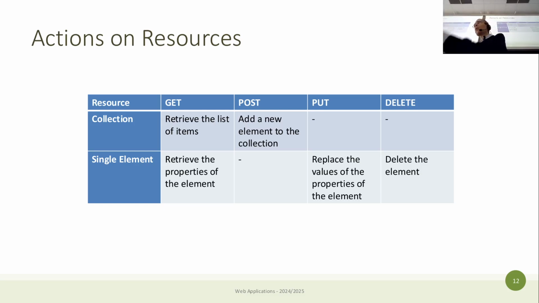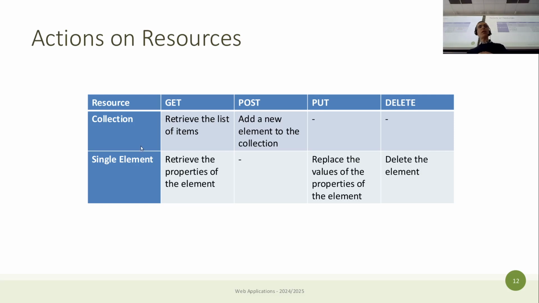And when the outcome on the server will be different, there will be something in addition, usually, okay? And so when you post on a URL that represents a collection, that's our recommendation again. You should use this method and URL to add a new element in the collection, okay?